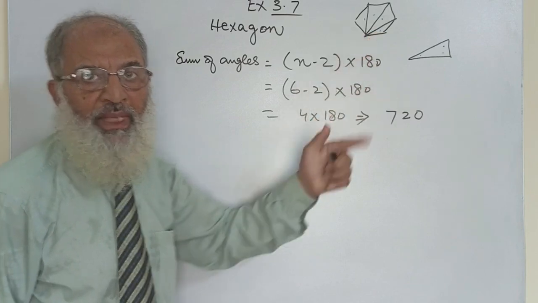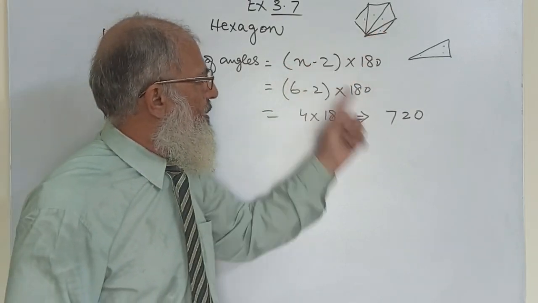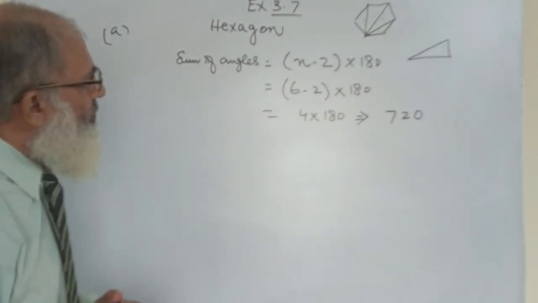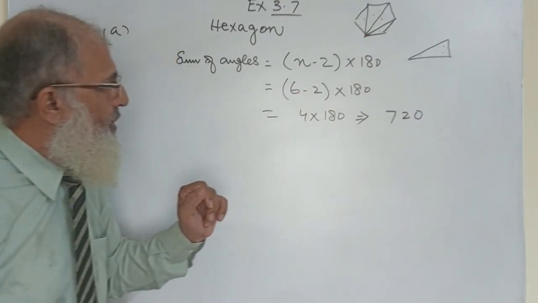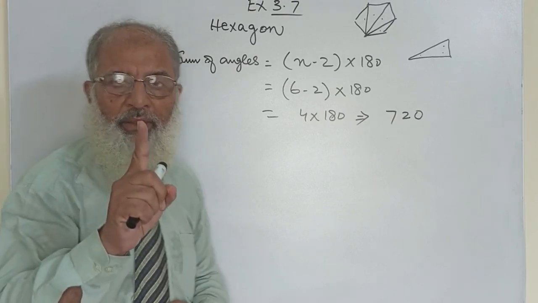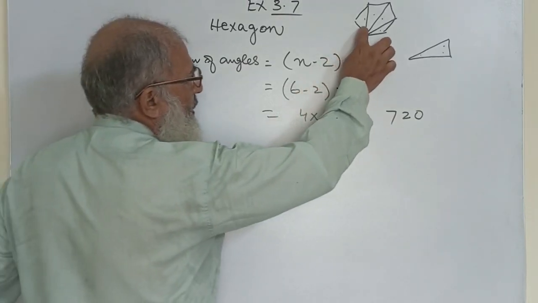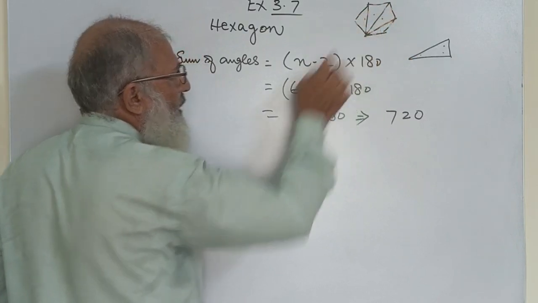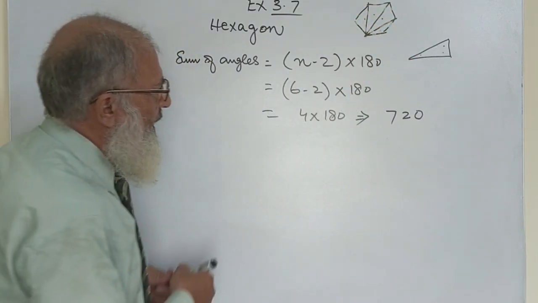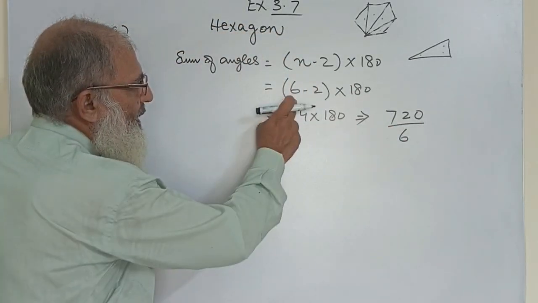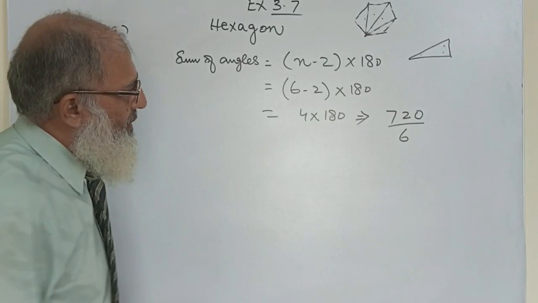720 is the sum of the interior angles of this hexagon. Now, if you want to find one angle out of it, if it is a regular polygon, a regular hexagon, then we just divide it by 6, the number of sides.